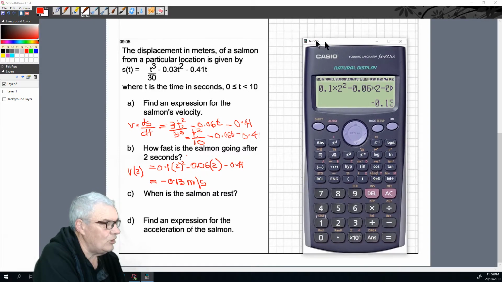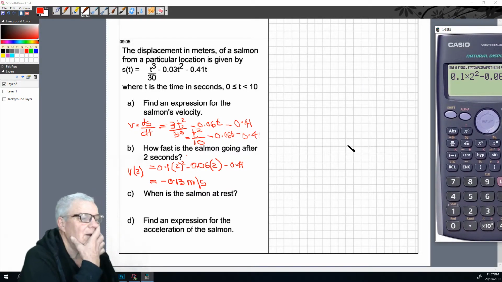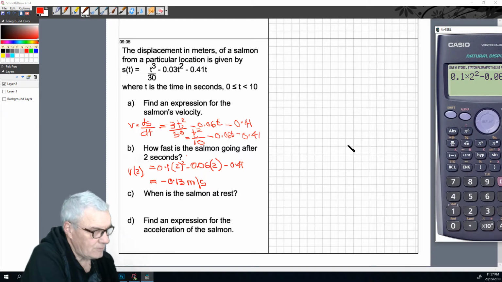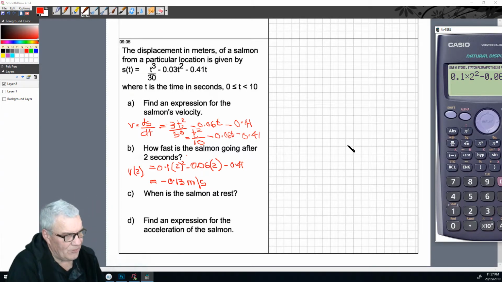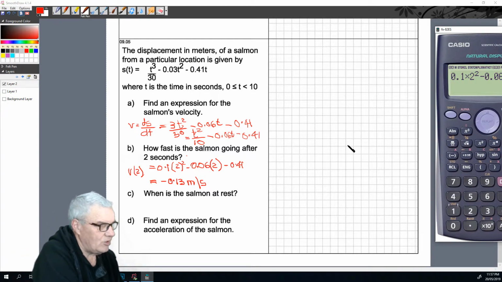So when is the salmon at rest? Okay, well, the salmon is at rest when its velocity equals 0.